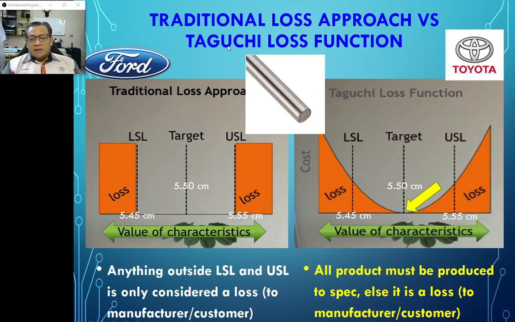So that is what the Taguchi loss function is all about, in which loss is measured when the value deviates from its target value.